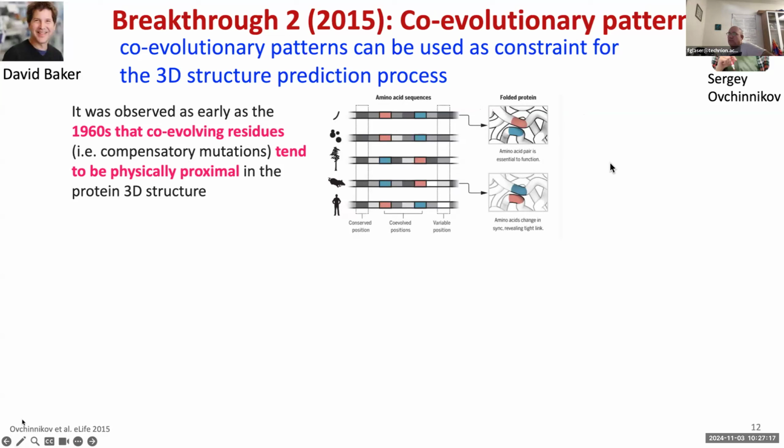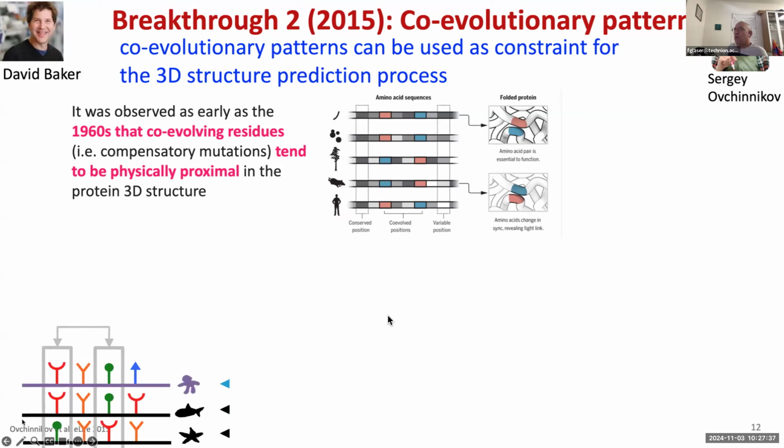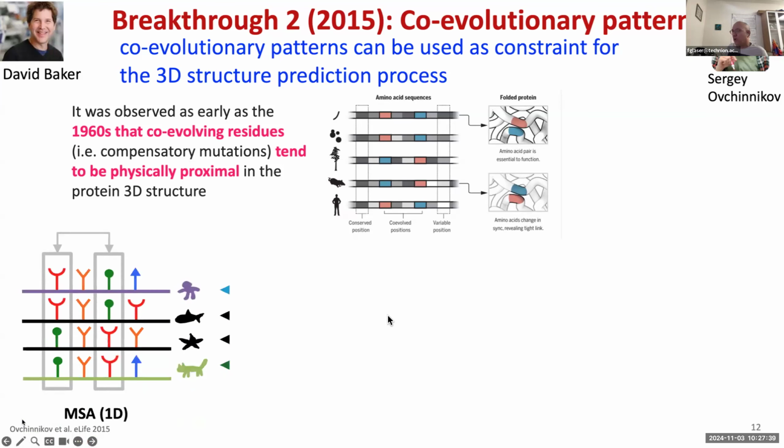This is very strong and known for a long time, but there were no good enough computer algorithms to extract this information for the whole protein. Imagine we have thousands of homologs in each alignment, and the protein can be very large. So the information is there, but it's difficult to extract.